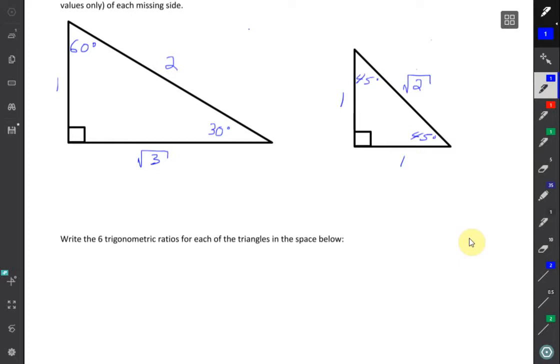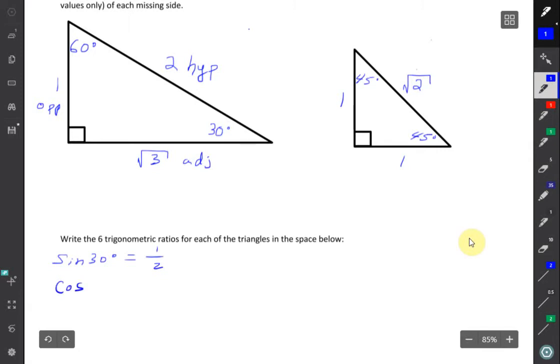Starting with the first triangle, I'm going to start with the sine of 30. Remember that this is the opposite, the adjacent, and the hypotenuse. So sine of 30 is 1 over 2.